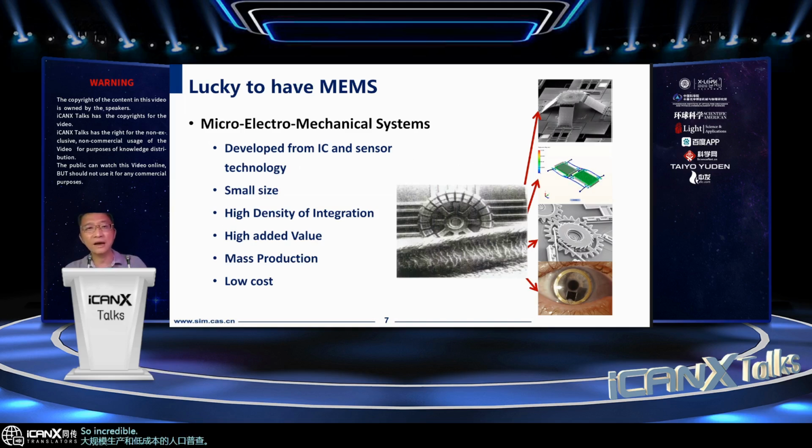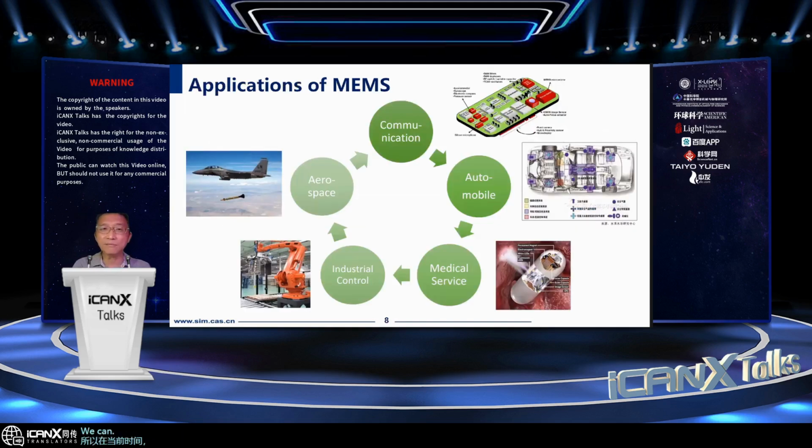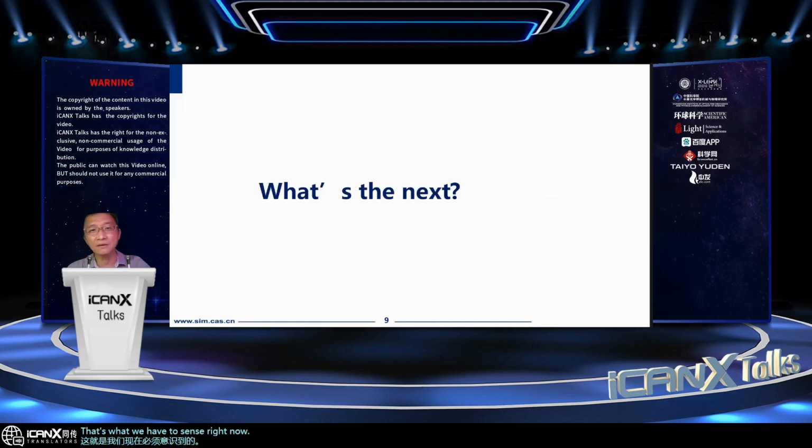So at present, we have MEMS sensors in communication, automobile, medical service, aerospace, and even industrial control. That's what we have for sensors right now. But what's next? What's next for the future of sensors?